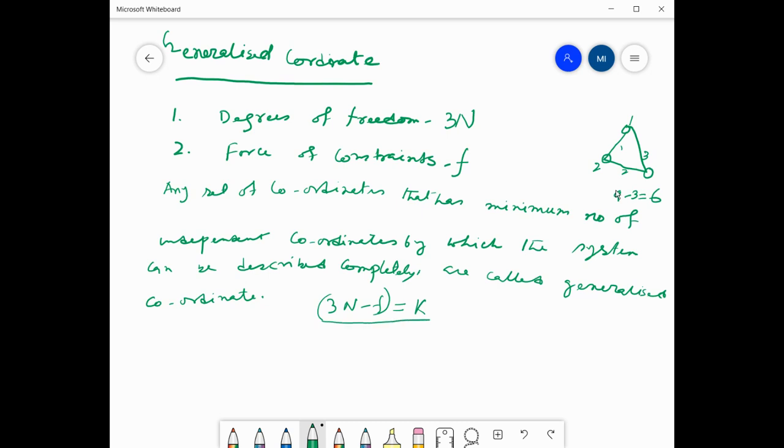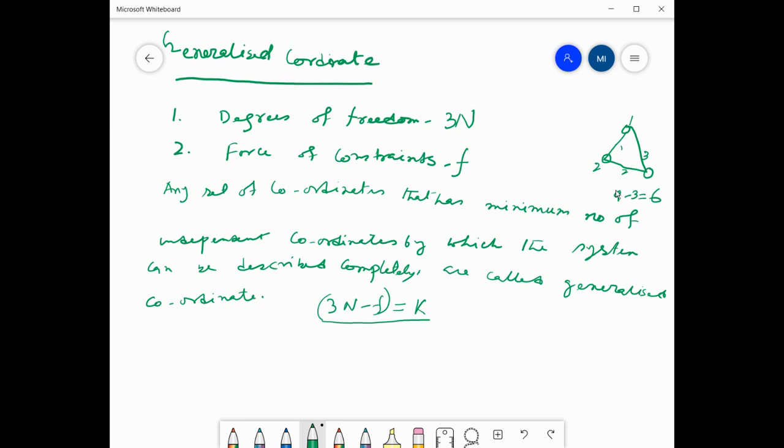Another thing is that in Newtonian mechanics, we have considered position coordinates as the generalized coordinates, in most cases, which have the dimension of distance. But a generalized coordinate need not be a position coordinate.